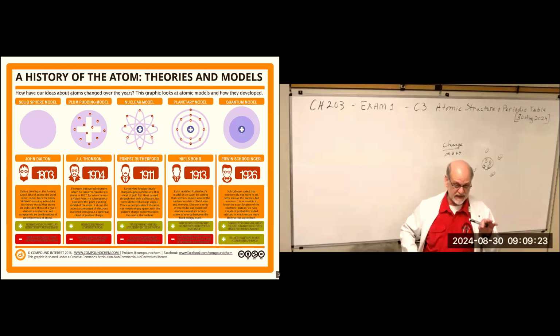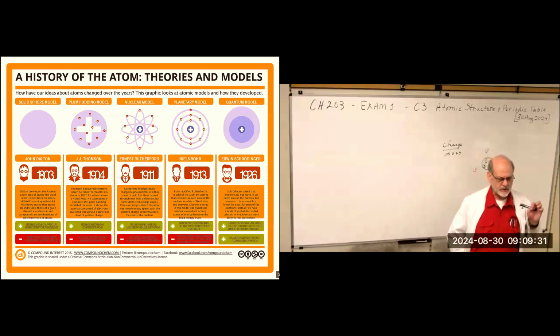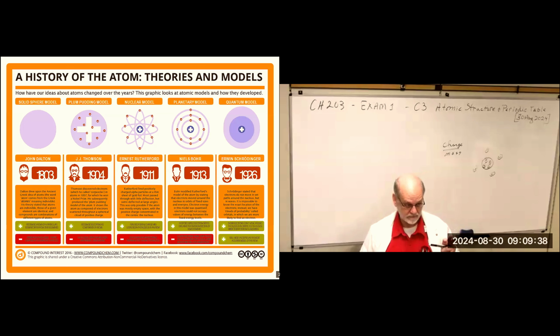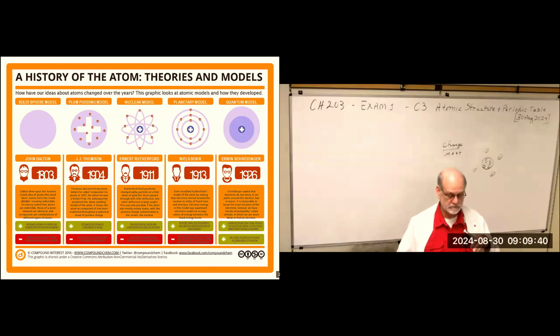At this time, at the beginning of the 20th century, it's not included there, but a Frenchman, Henri Becquerel, had shown that there are three basic forms of radioactivity.